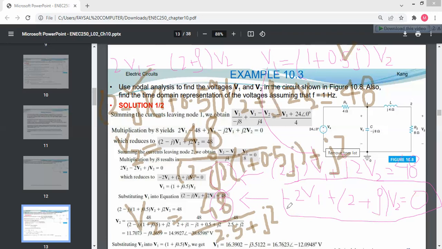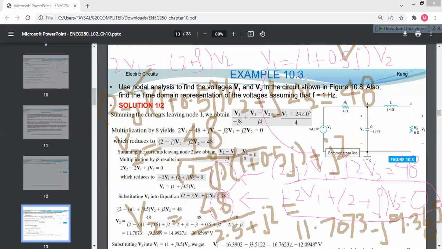So the value of V2 will be 11.7073 minus j 9.3659. So this is the value of V2 for my system.